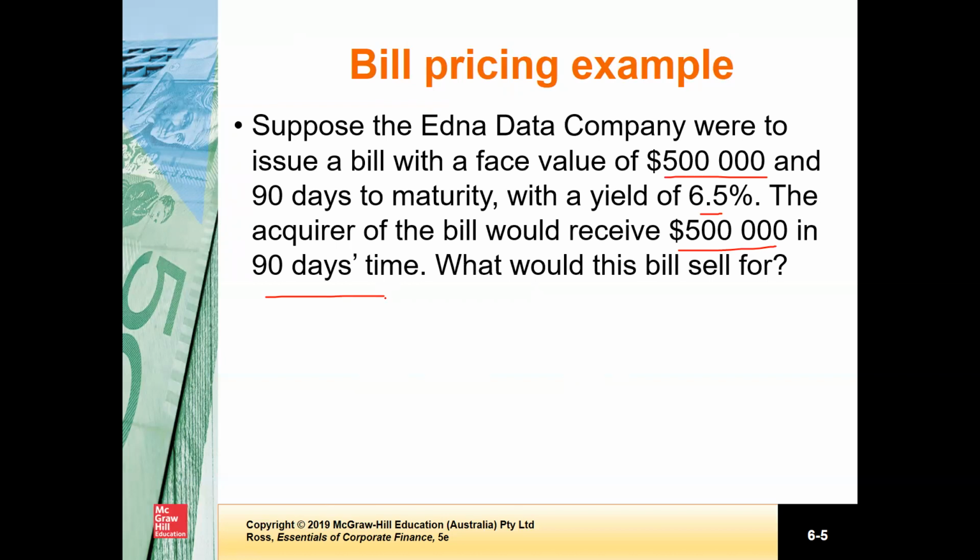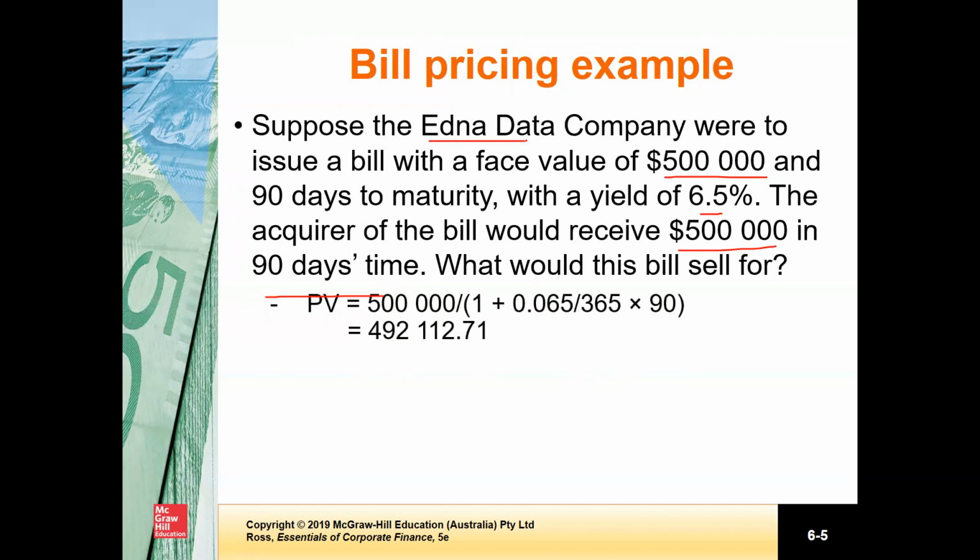So what would this bill sell for? Aetna data company is essentially issuing this bill with a face value of 500,000, which means that the acquirer or the investor of the bill will receive 500,000 at maturity, which is 90 days. The question is at which price the bill will be sold now.